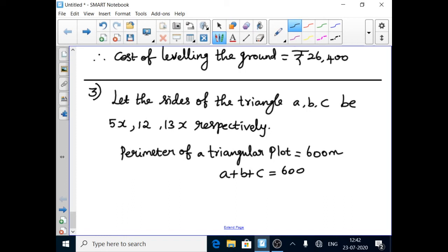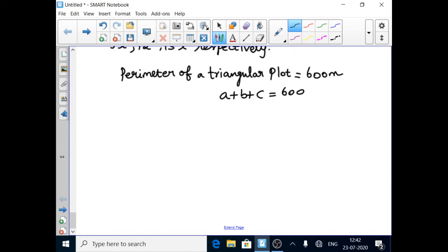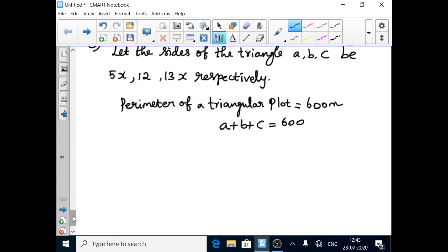So what is here? A is equal to 5x plus B is equal to 12x and C is equal to 13x. This is equal to 600. So if you add, what do you get? 13 plus 12, 25, 25 plus 5, 30. So 30x is equal to 600.